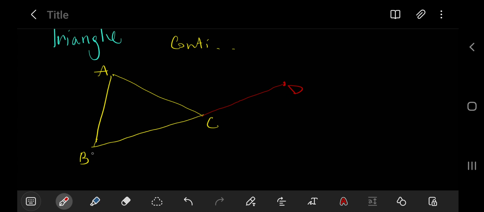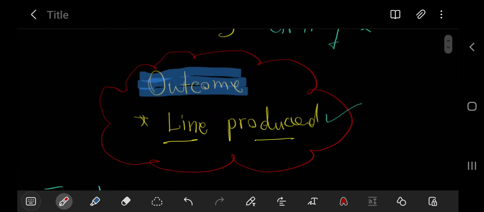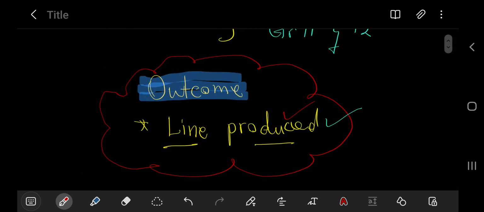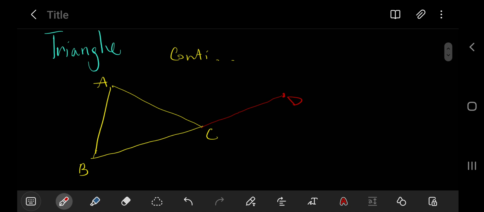So BC has been produced, so it means one side of the triangle has been extended, right? And we want to see how do we actually interpret a line that is produced from one side of a triangle. So if one side is produced from a triangle, our interpretation is that we should have an exterior angle.